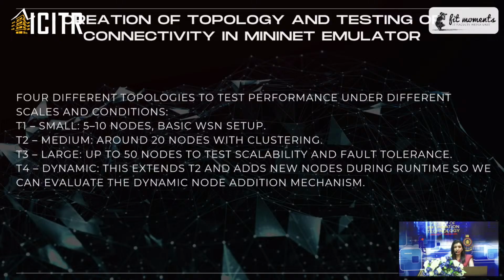T2 is a medium scale topology which consists of 15 to 20 nodes with 2 clusters, 2 gateways and 2 switches. T3 is the large scale topology which consists of 30 to 50 nodes with 3 to 5 switches and multiple gateways. And the final one is T4, the dynamic approach. It begins with the medium topology, and 5 to 10 nodes were added during runtime in order to do the dynamic node addition mechanism.